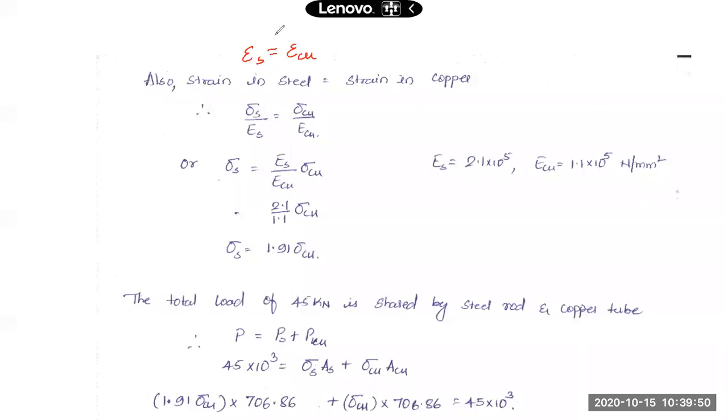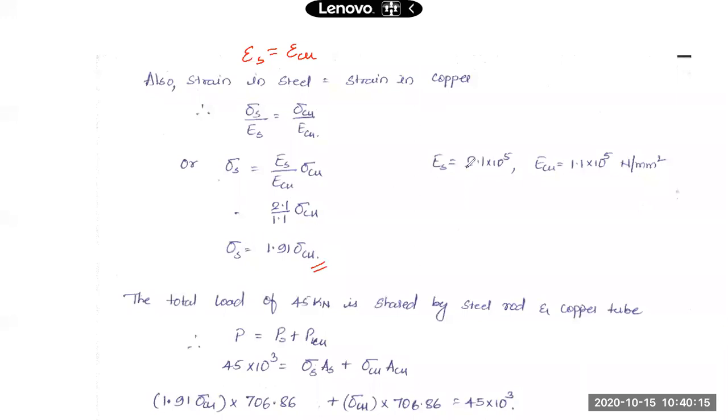Or this can also be expressed as sigma S upon E_S is equal to sigma Cu by E_Cu, because these are the strains we have obtained using Hooke's law. It tells you the relation between the stress in the steel bar and the stress in the copper bar.